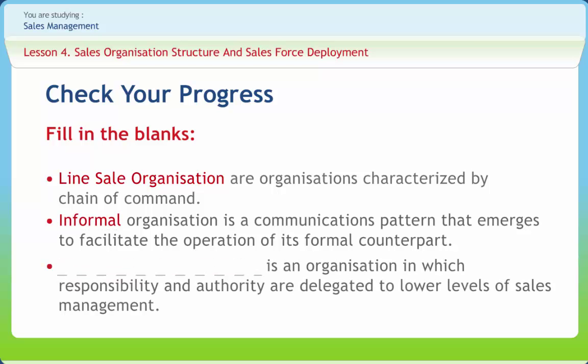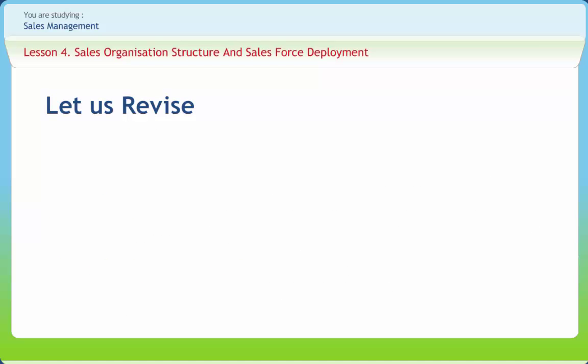Informal. Which is the organization in which responsibility and authority are delegated to lower levels of sales management? Decentralized organization.